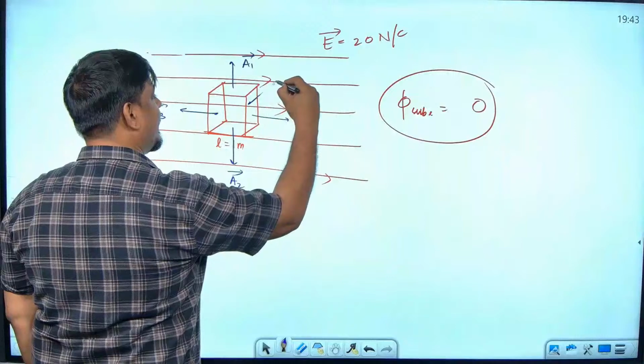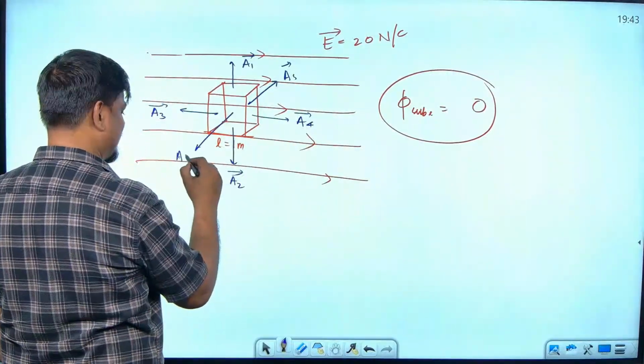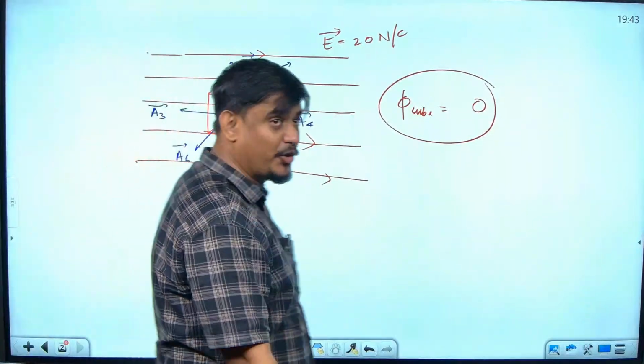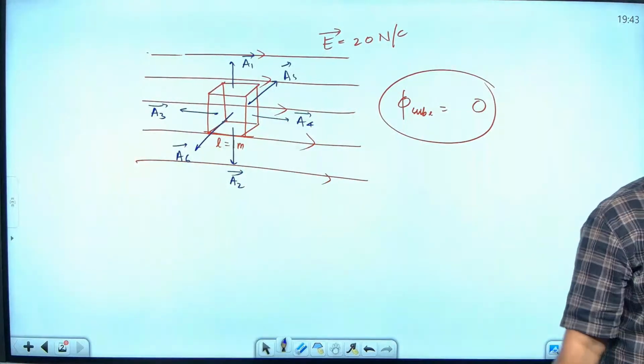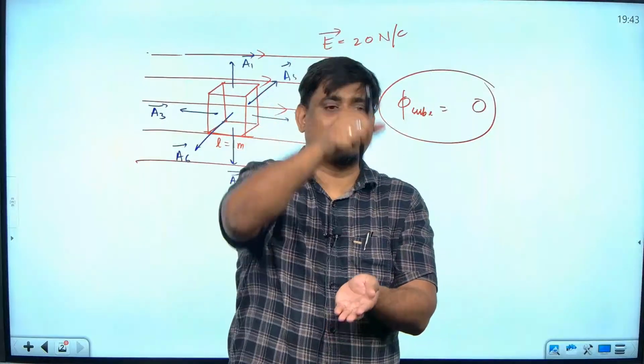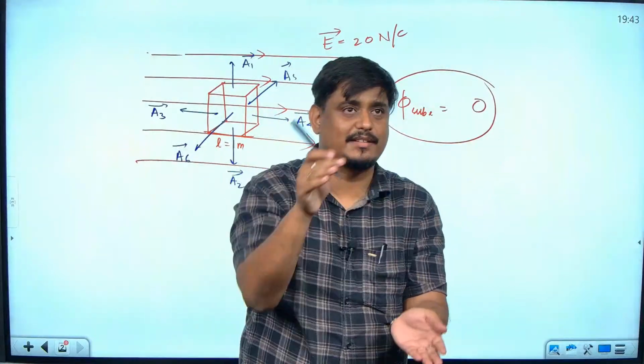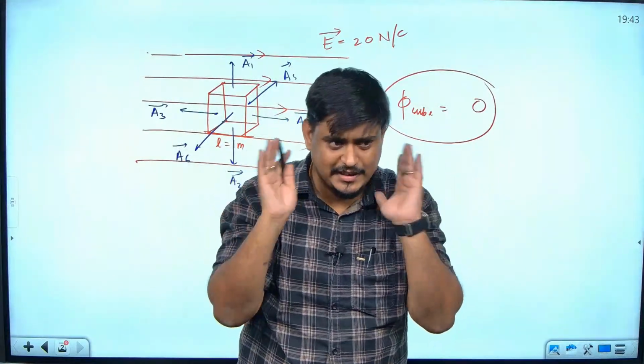Behind I am writing A5. And towards you I am writing A6. Is it clear to you, all the 6 area vectors? If I have a cube here, A1 is above, 1 below, 1 towards me, 1 towards you, 1 left, 1 right. Clear? All the area vectors are visible to you?